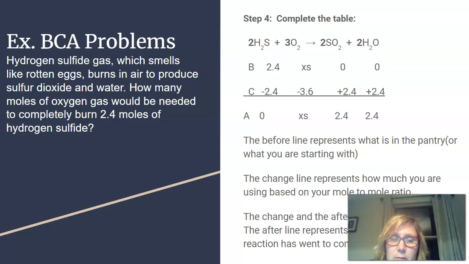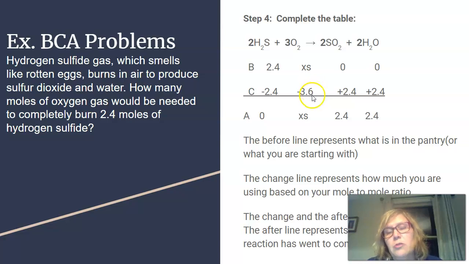Now, once you're given all the mole values, it's really easy to convert it back to grams. So I know the problem did not ask you to find grams of O2, but it might be good practice if you see that here you've used 3.6 moles of O2.